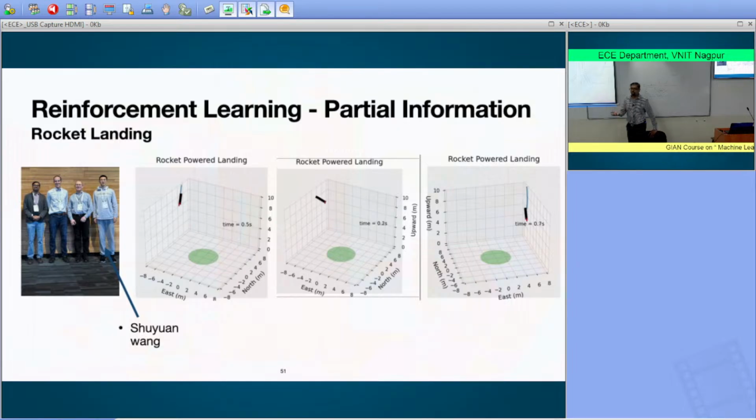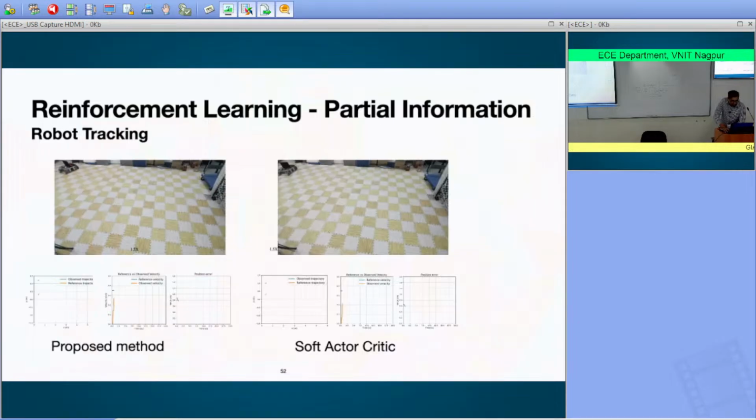It's very rare that you have no model. You often have partial information about your model, about your process. So we asked him to figure out how to incorporate partial information into reinforcement learning in order to improve the data efficiency of those algorithms. So he came up with a couple of ideas. Some of those are already published. If you go to my website, you'll find those papers, Shuyan Wang's papers.